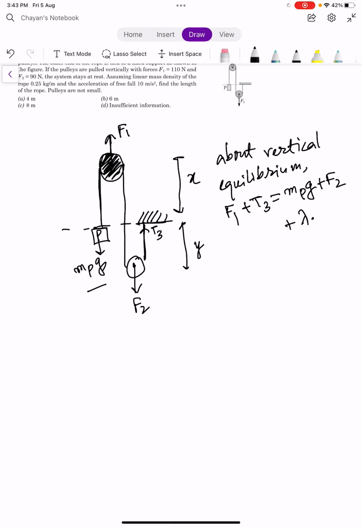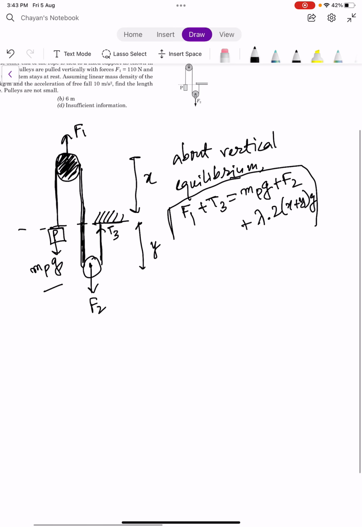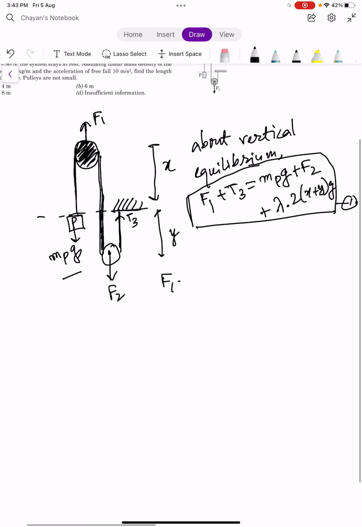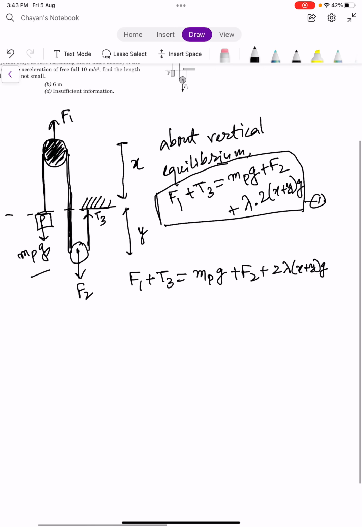This is X, this is X, this is Y, this is Y. So I can set the length of the rope as 2X plus Y, times lambda into G. This is our equation number 1: F1 plus T3 equals MP into G plus F2 plus 2 lambda X plus Y into G.